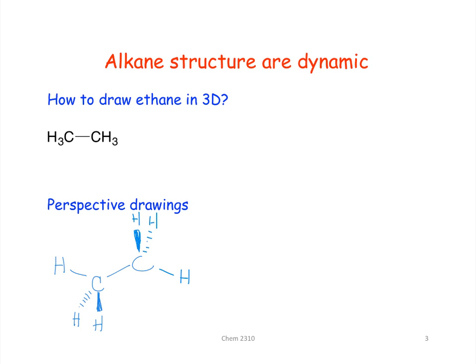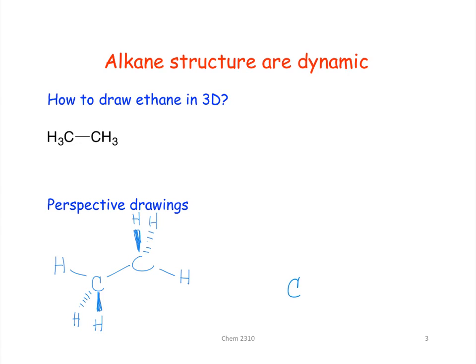But is this the only way that we could draw it in 3 dimensions? The answer is no. I more or less arbitrarily chose to put this bond going in the opposite direction of this carbon-hydrogen bond, but I could have just as well put this carbon-hydrogen bond going straight up like this. So let's redraw it in that form.